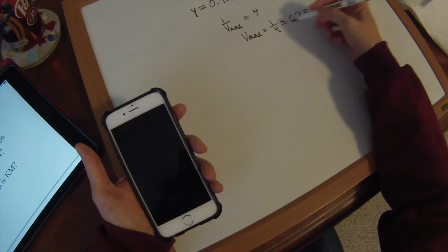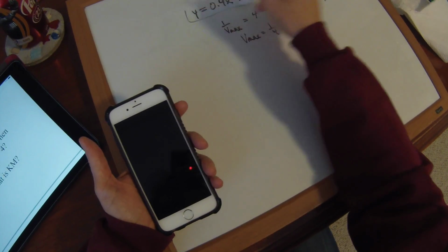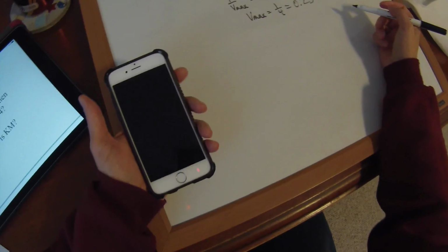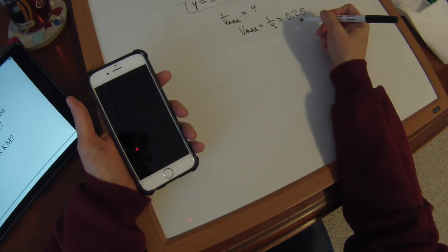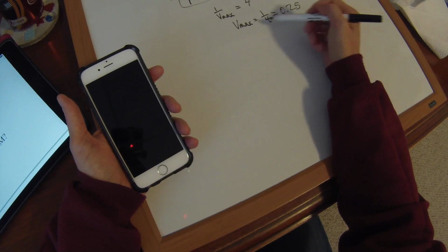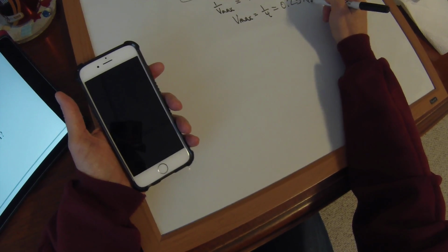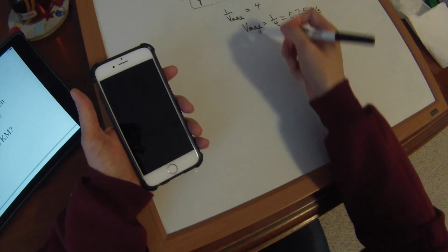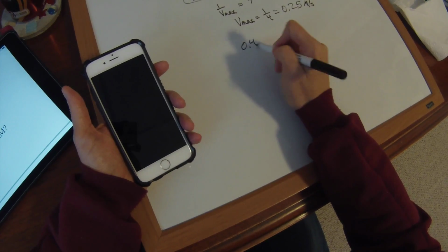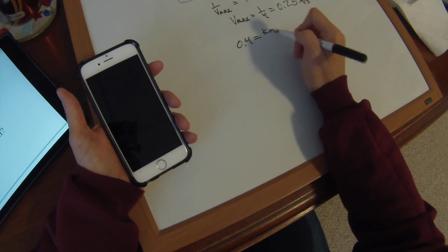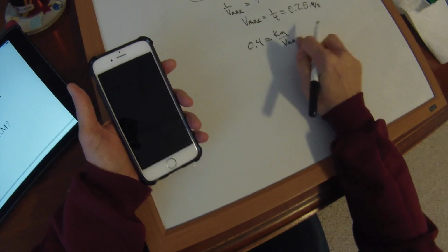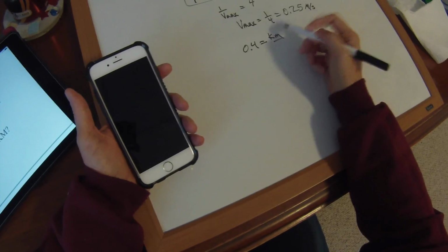But when you do the double reciprocal, you get your equation of your line here. And so that's what we're working on. So if we know Vmax, 0.25, and that's velocity, so this is molar per second, then we plug that in. If 0.4 is our slope, and that's Km over Vmax, we go ahead and substitute 0.25.